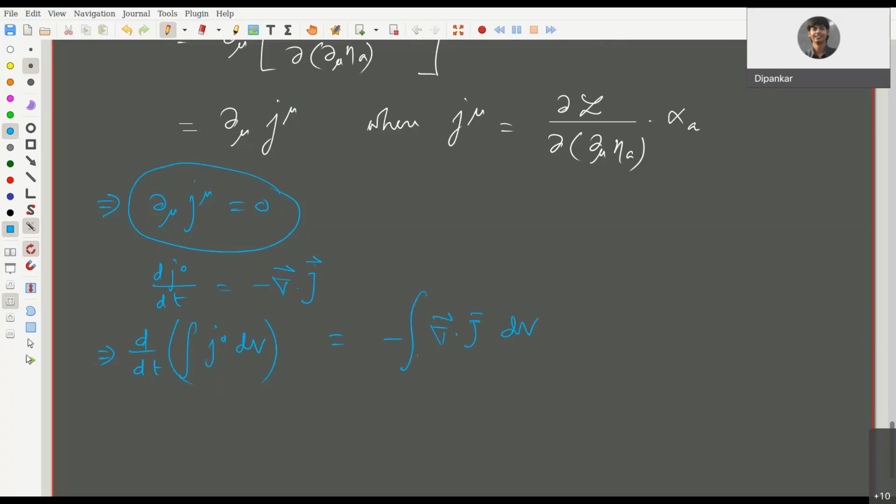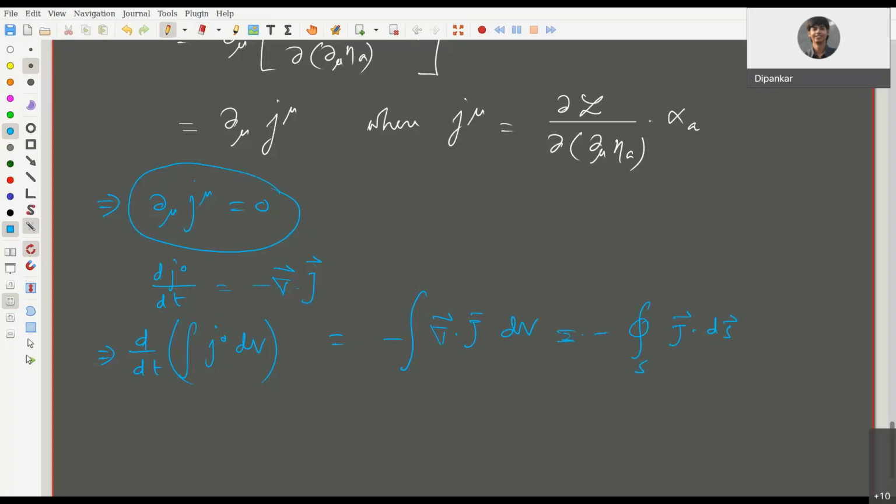The second term, you change it to a surface integral. You say this is a closed surface, and the surface is taken at infinity: j dot dS. Sorry, I missed a minus sign.